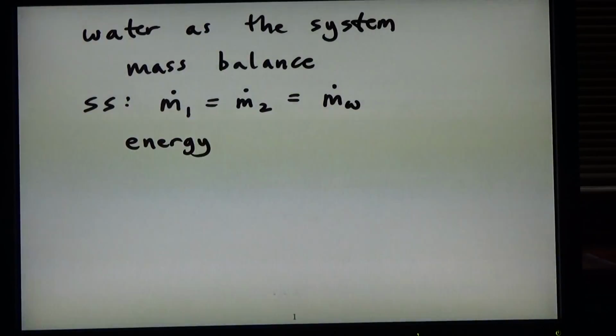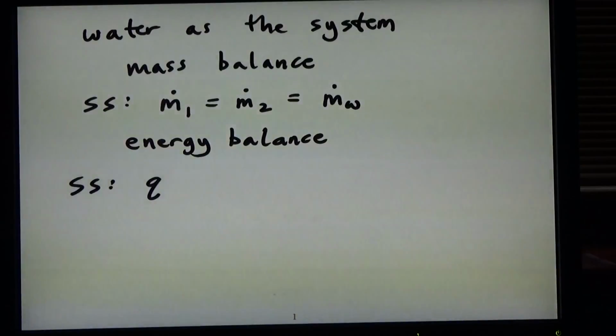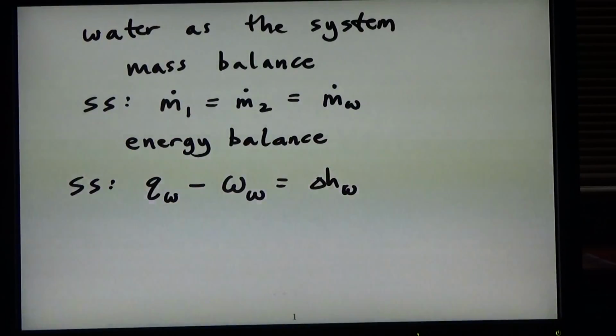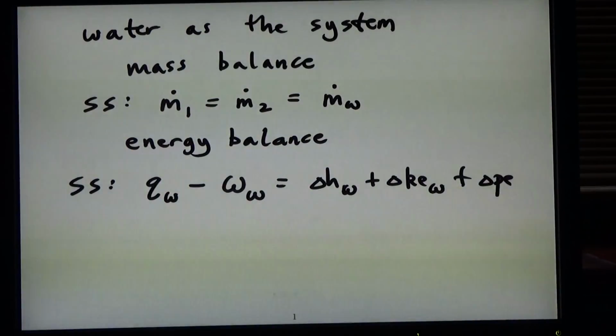Then our energy balance says Q of the water minus W of the water is equal to delta H of the water plus delta KE of water plus delta PE of water. For analyzing just water as the system, we can neglect potential energy, kinetic energy, and work just like before.